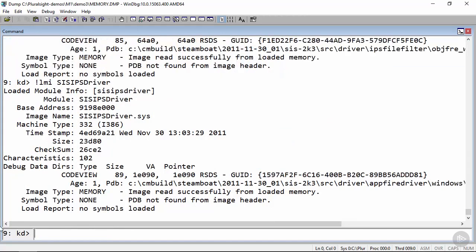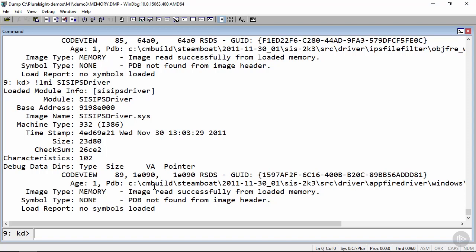And that would give us some more information to go search the internet, whether it's bing.com, because this is a third-party driver. We would want to see if there's any known issues with this third-party driver that may cause a stack overflow, or whether there's a newer, updated version of this driver available to potentially fix this problem.